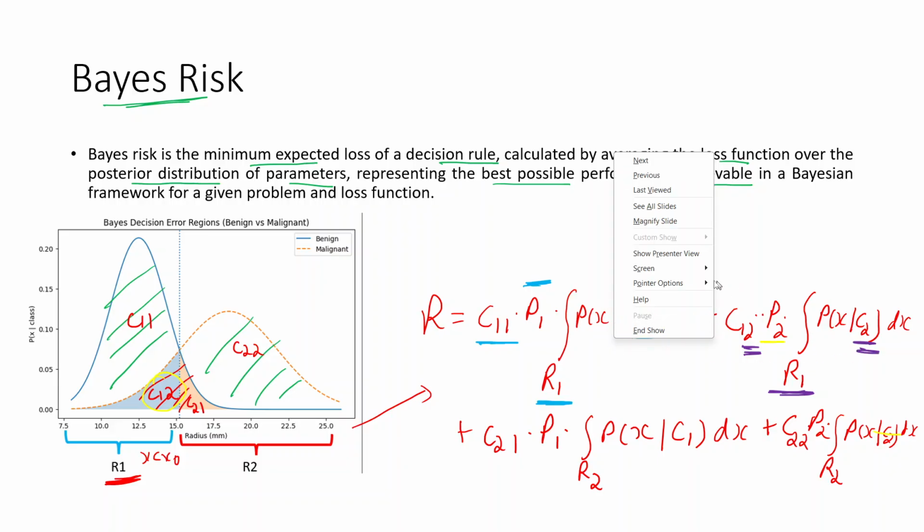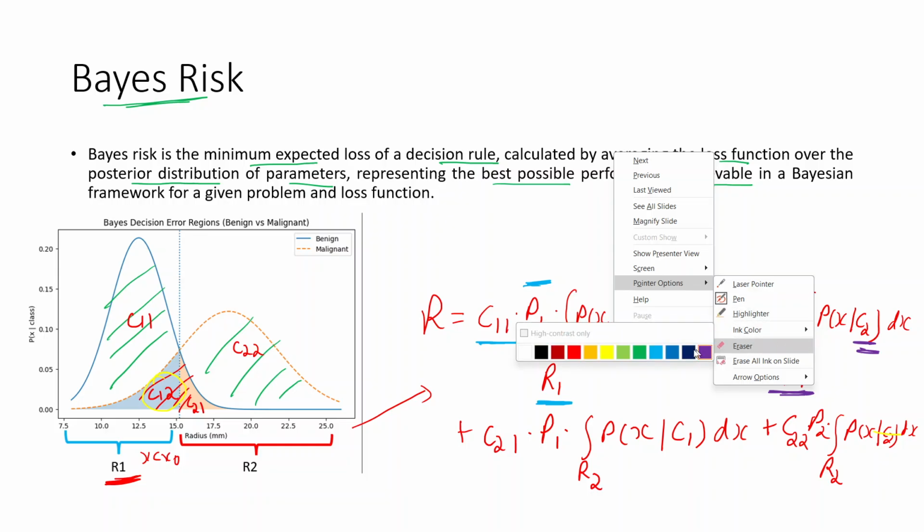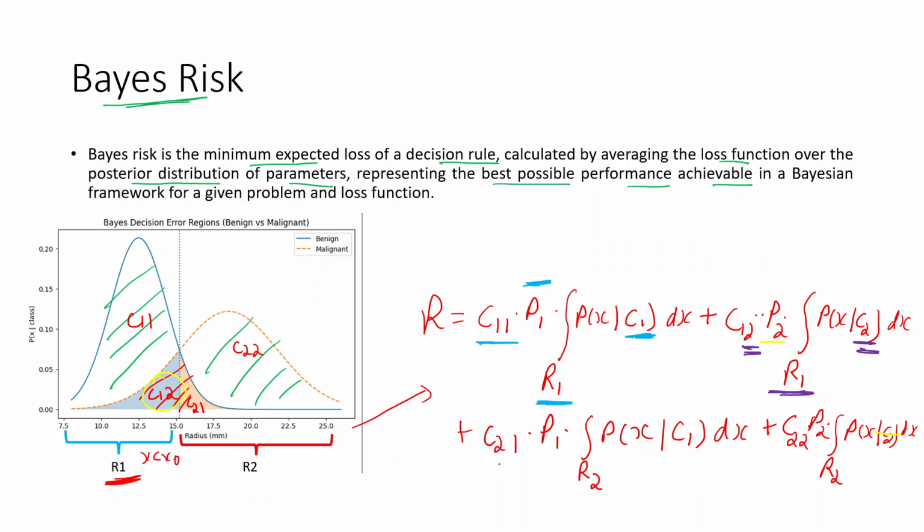And then the next term, because this one is required for all further work, C21, we are deciding it as 2, but it is actually the 1, this side, because x is greater than x naught. This is for the C2 and this is for the C1.